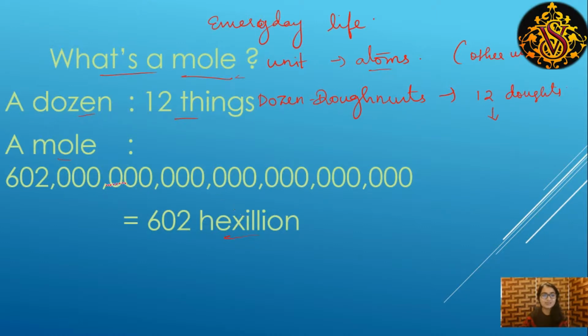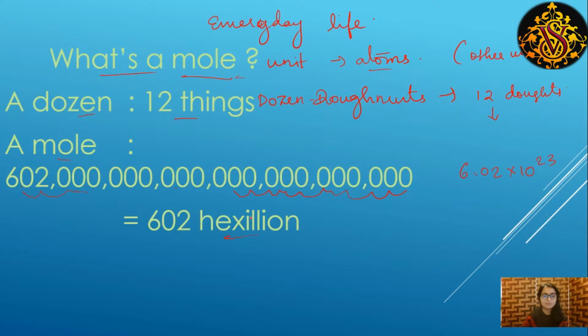As it is difficult to write all those zeros, they have written it as 6.02 into 10 to the power 23. Just make a dot here and count from here, and you will get 23 zeros. So you write 10 to the power 23. This is how we got the Avogadro's number.